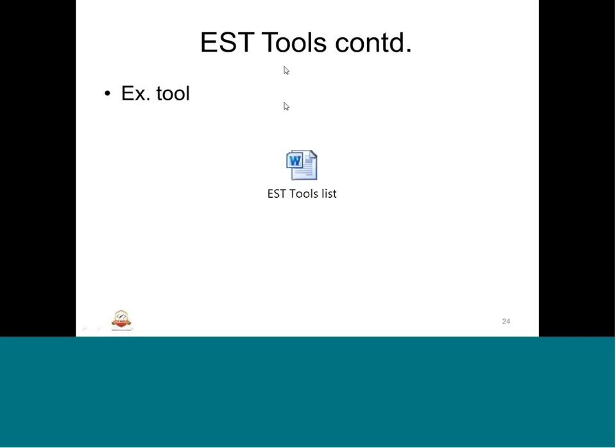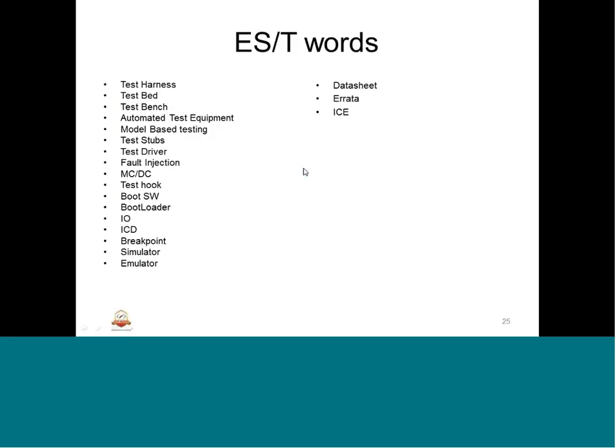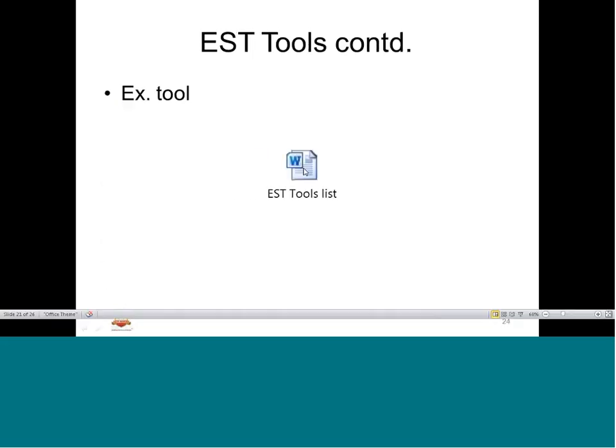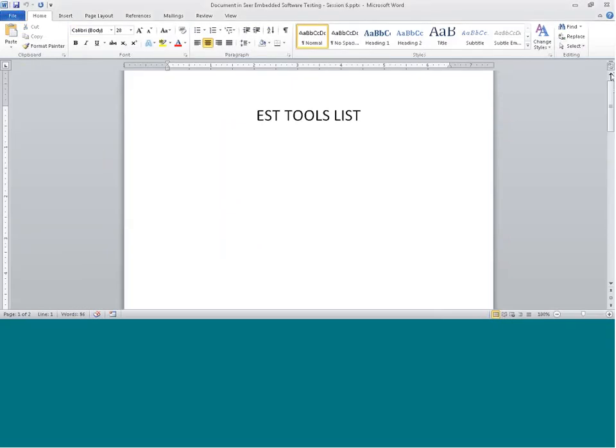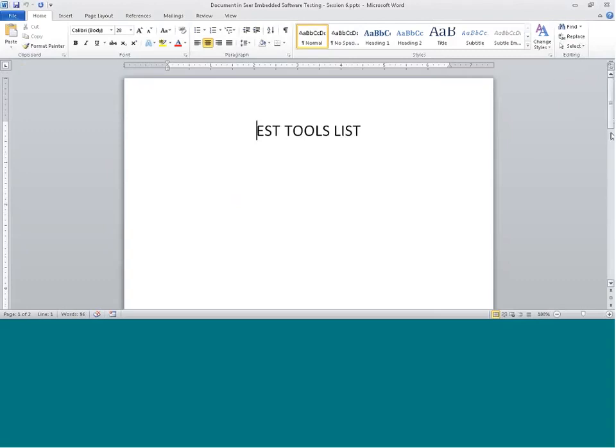So for embedded software testing tools, we will go through an example of how it is listed. I need to share this. You can use this as a template, like what we did in the earlier stages with test plan and procedures cases.